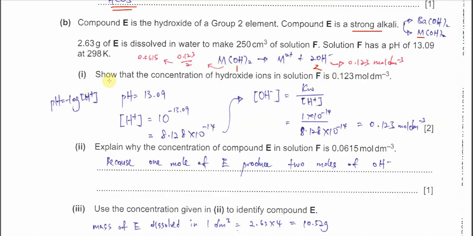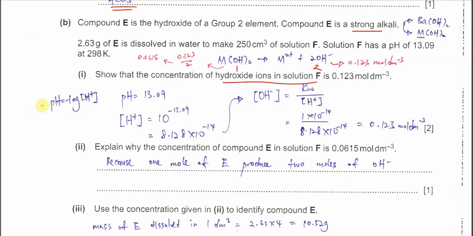First, part 1. Show that the concentration of hydroxide ion in the solution of F is 0.123. Again, compound E dissolves in water to form solution F. Now the concentration of the hydroxide ion in F we can get from the pH of the solution.